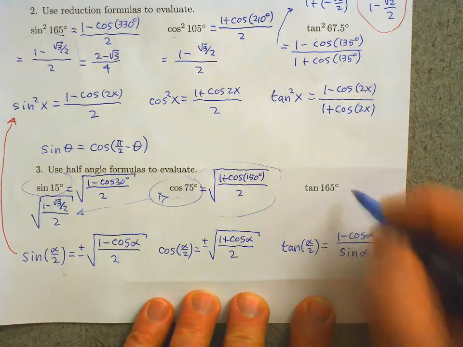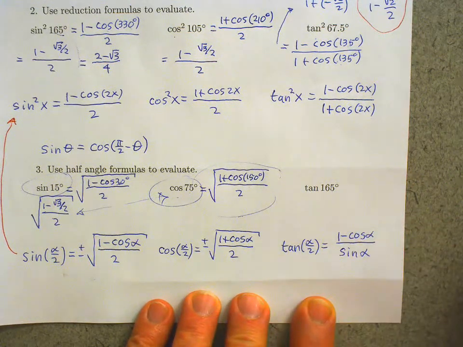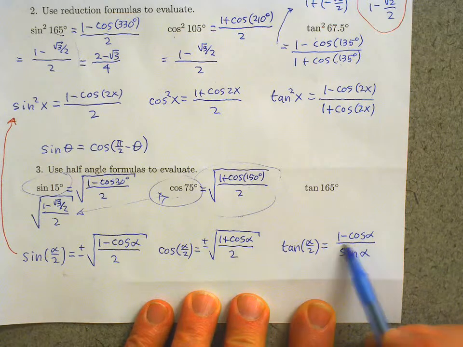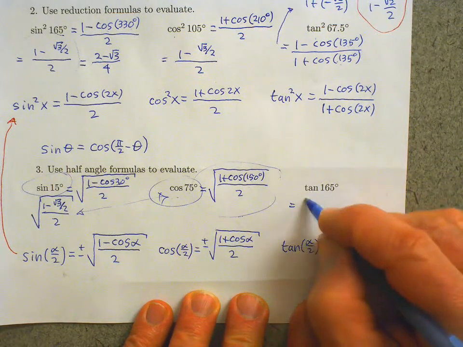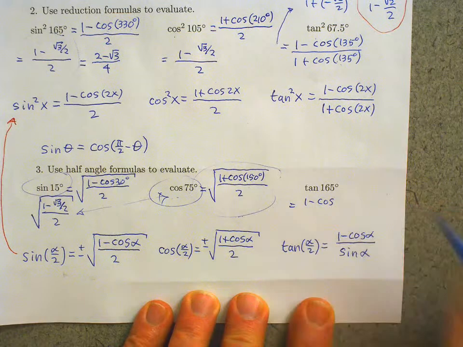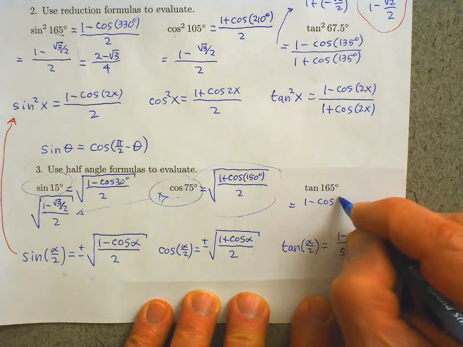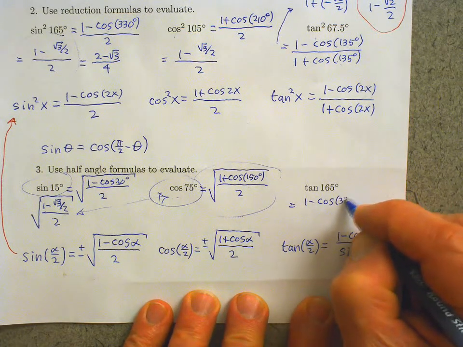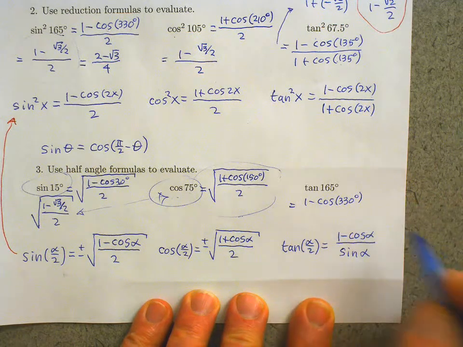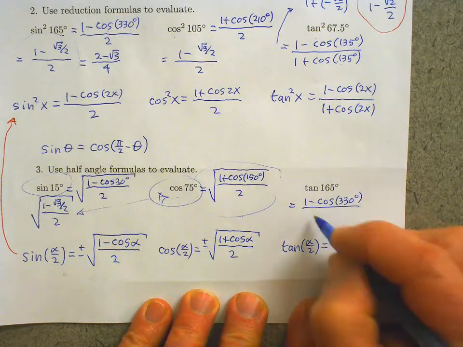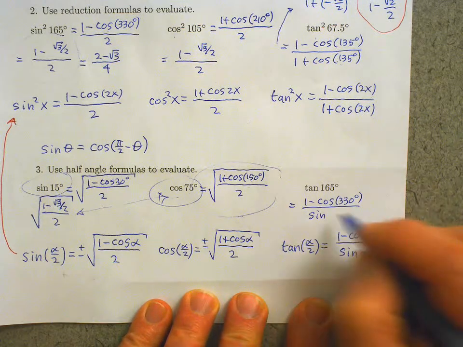So we can write tangent of 165 as 1 minus cosine of 330 degrees divided by sine of 330 degrees.